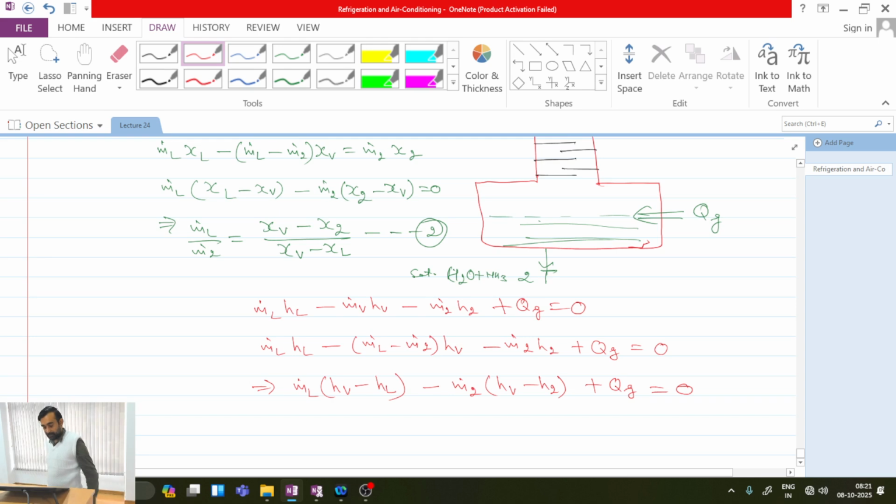Is it correct? I have taken the minus sign on the entire equation. Please tell me, is it correct or not, whatever I have written, with the minus sign? Yes. Now let's do m dot L by m dot 2.